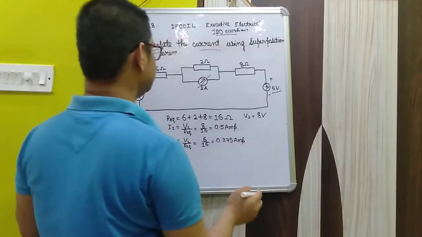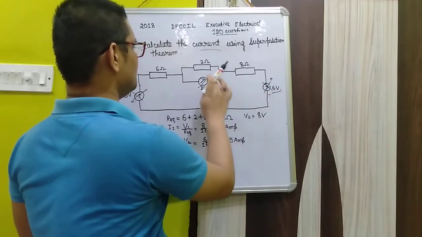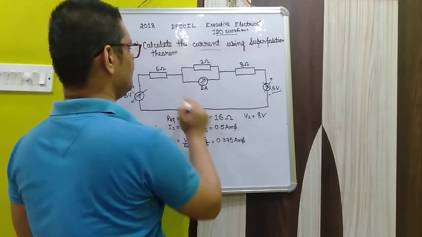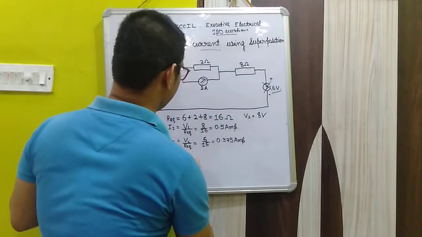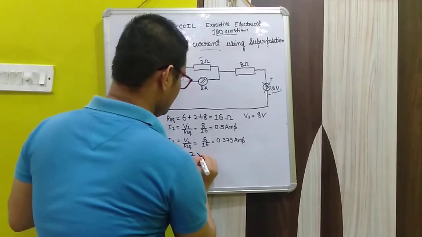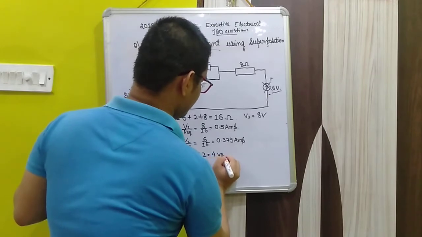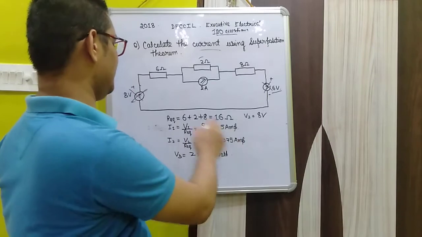Now in this third case, we will eliminate these two voltage sources. We will take only this current source, this 2 ampere. So what is V3? V3 is nothing but this 2 ohm resistance, 2 into 2, that is 4 volt. I hope you can understand how we calculate I3.